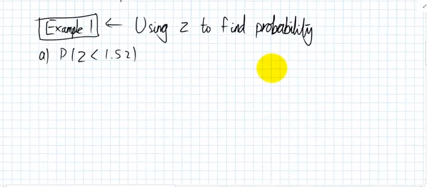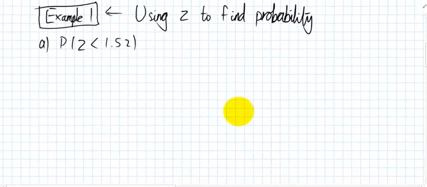Let's go through some examples using the method that we learned in 9.1 part 1. As always, the first step is to sketch the graph. It says probability of z being less than 1.52.